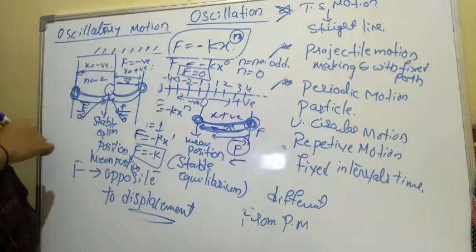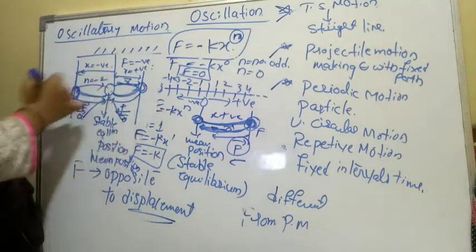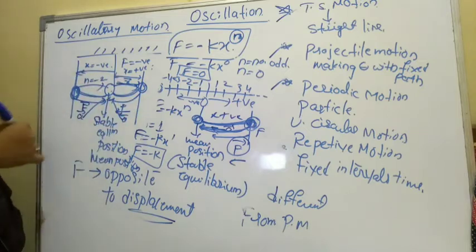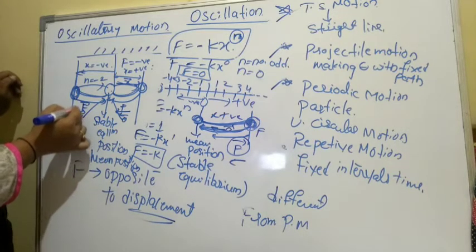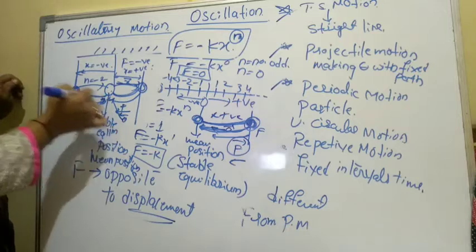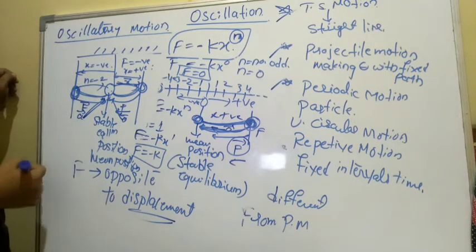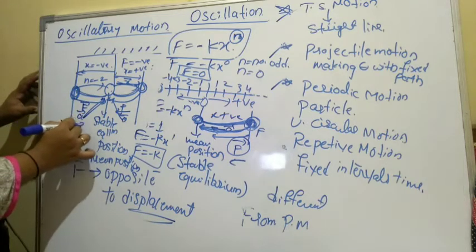So one more concept comes here: how it is reaching from here to here, right? Once we have understood one path of the journey of the particle, it is easy to understand the other path of the journey, how it is taking place. So the force acting on the particle is moving towards the mean position. It is always opposite to the direction of displacement here. Here n is equal to how much we have taken?